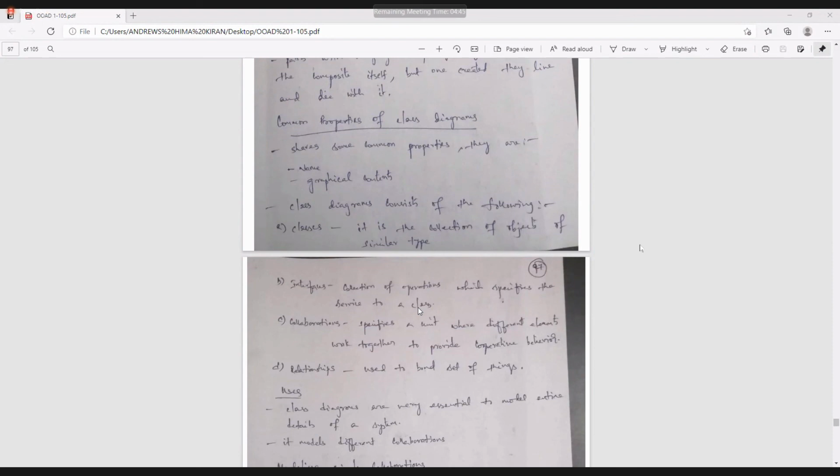For example, if you consider college administration, I have to represent it as a dotted ellipse, because if a college has to run smoothly, many people have to be involved in the administration process, from the chairman to the attendant. Then only the college will run in a smooth manner. Next, relationship. In order to connect one element to another element, obviously we have to go for relationships.